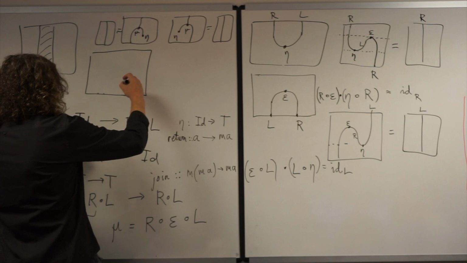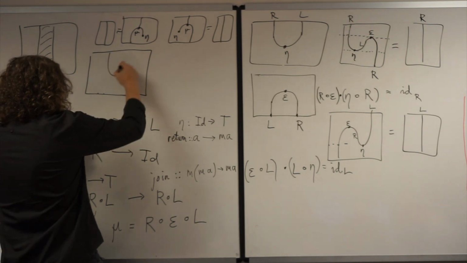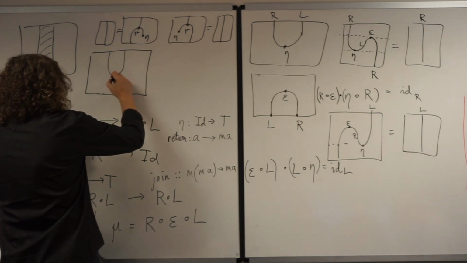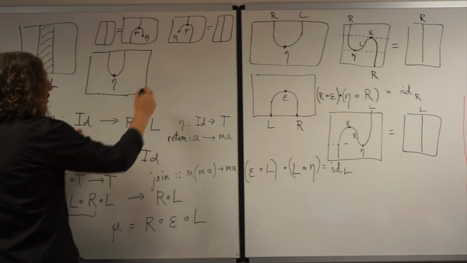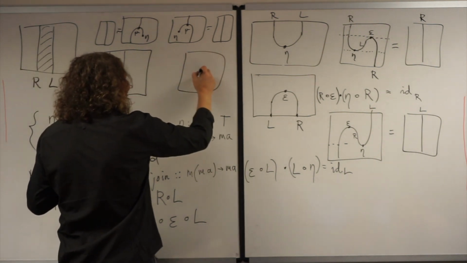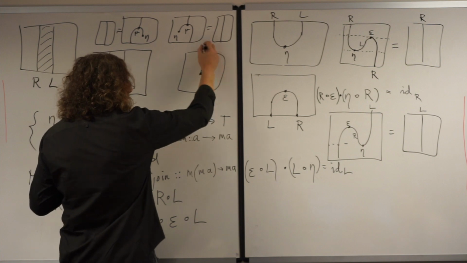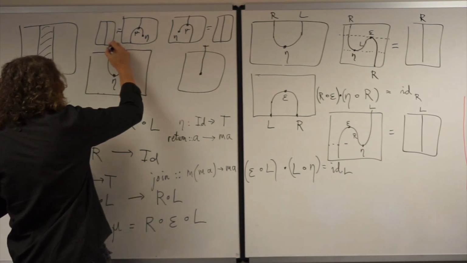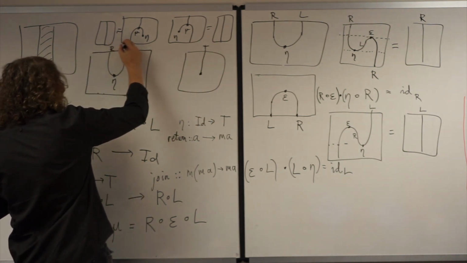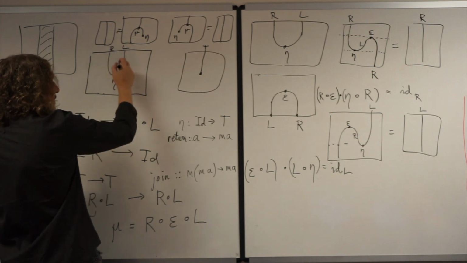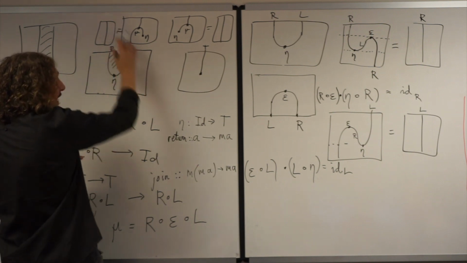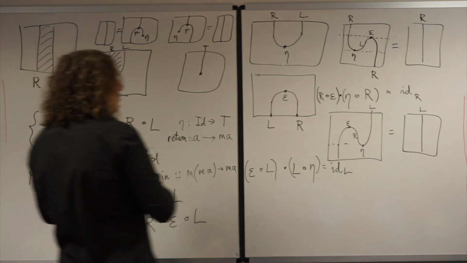Epsilon is this, right? It corresponds in monadic language to this T, but T is really R after L, right? So this creates the stripe from nothing.